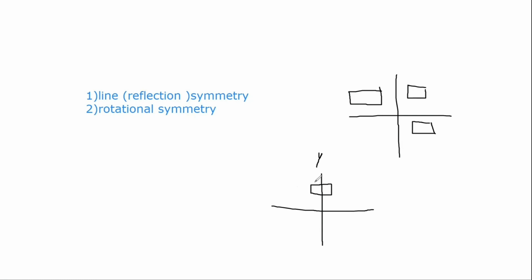Nothing will happen because the Y-axis is exactly in the middle of my figure, dividing it into two equal halves. So if I reflect this half there and that half here, the figure will remain the same. So I can say that this figure has reflection symmetry. Reflection symmetry means that if you reflect your figure across a certain line, it will be the same. And the line that you reflect across is called the line of symmetry.